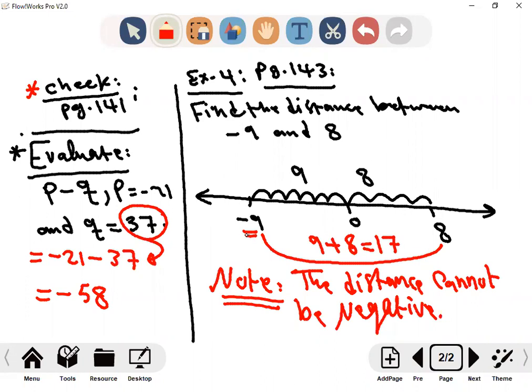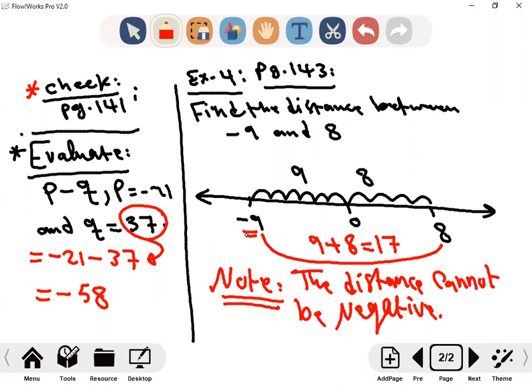So what's the absolute value? It is the distance between the number and the 0. And the distance is always what? Positive or 0. When I ask you what is the distance between 0 and 0? 0.